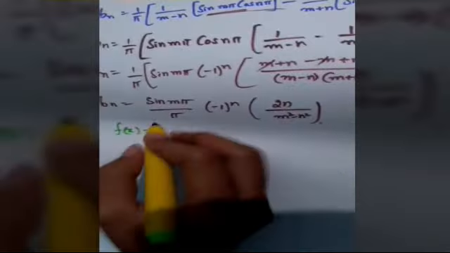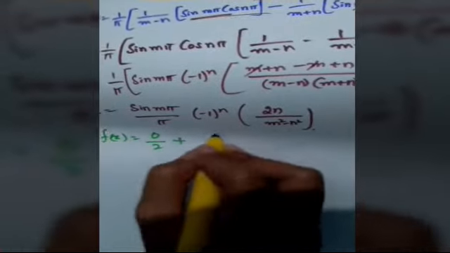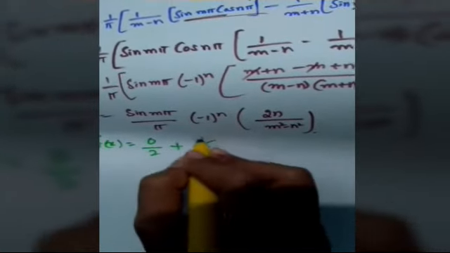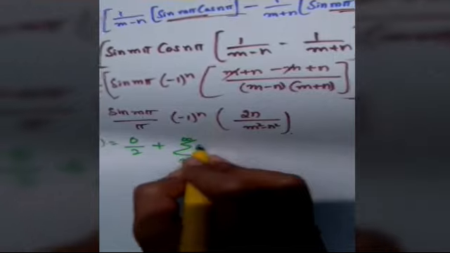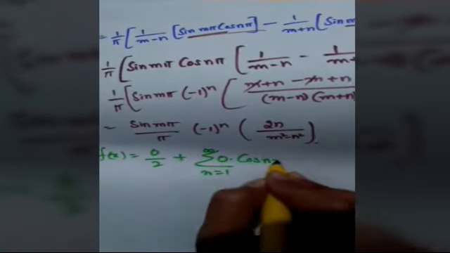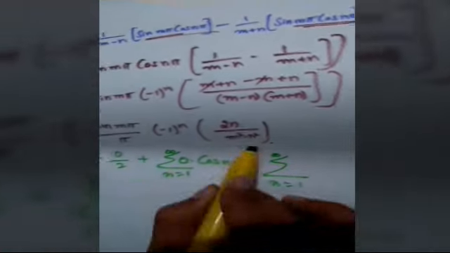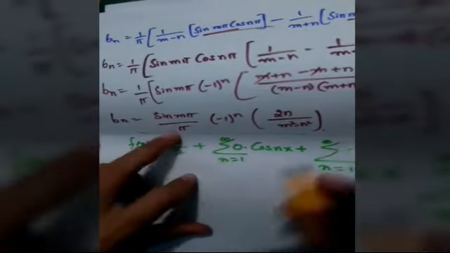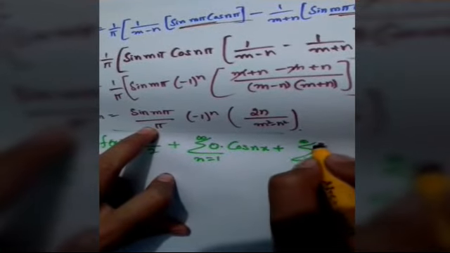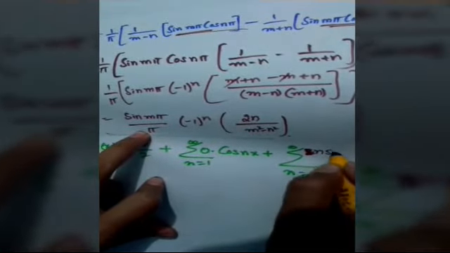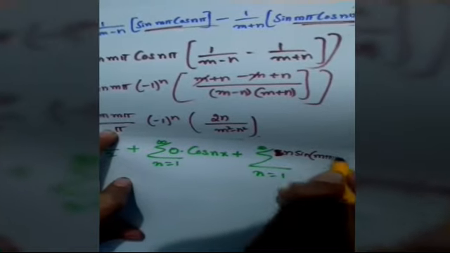Now f of x is equal to a naught by 2 plus summation of n is equal to 1 to infinity an into cos nx plus summation of bn sin nx. We know a naught is equal to 0, that is 0 by 2, and an is equal to 0, that is 0 into cos nx. Bn is this thing.